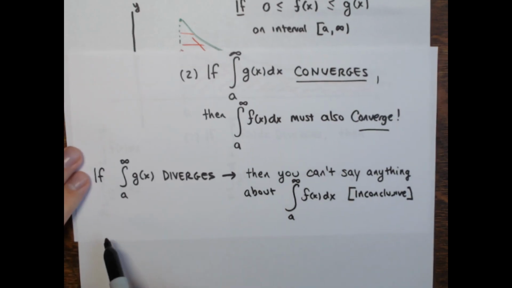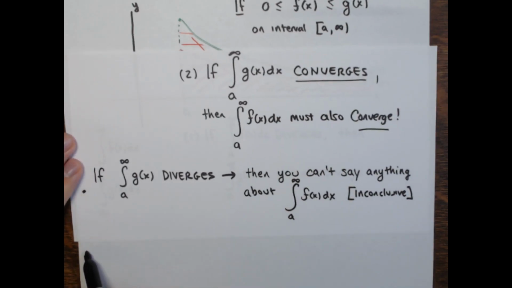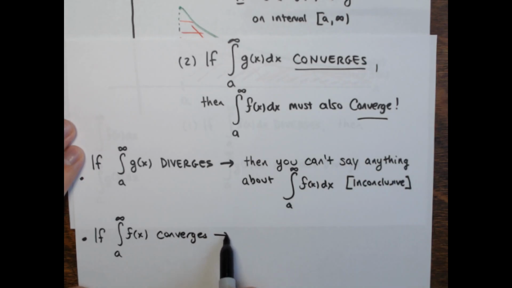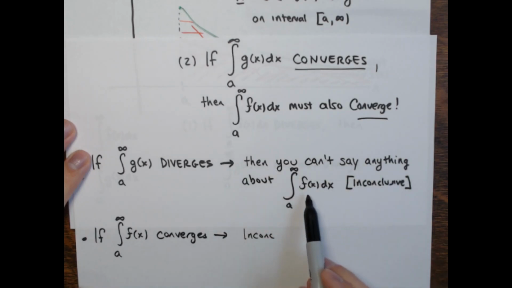So there's another case where you have an inconclusive case. If the integral under the smaller function converges, then again, inconclusive. You can't say anything about the area under g, is all I'm saying.